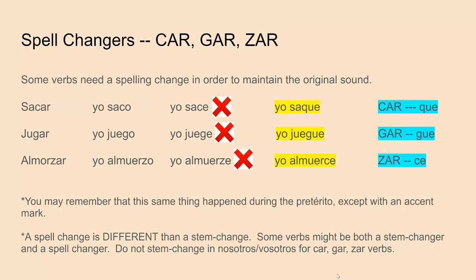Just like in the present tense, if you have a car, gar, zar verb, do not stem change in nosotros and vosotros. I would still put the U after the G or the Z goes to C in all the forms. That's a spell change, not a stem change. So you'll see the whole chart on the next couple screens, and hopefully that will help clarify the difference.